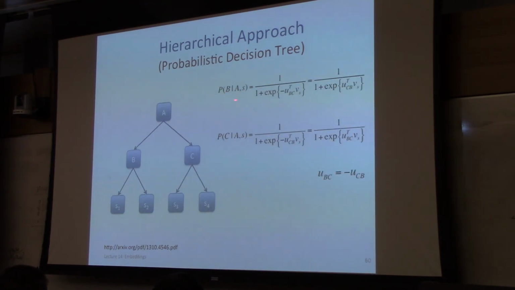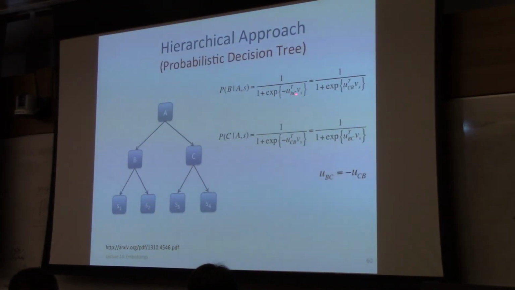And so the form of these probability functions are just exponential functions. These are the same form as before. You just learn a parameter vector u that branches between b and c. So if we're given word s, we take the exit vector of word s and we branch with this probability, and then for c it's the opposite.